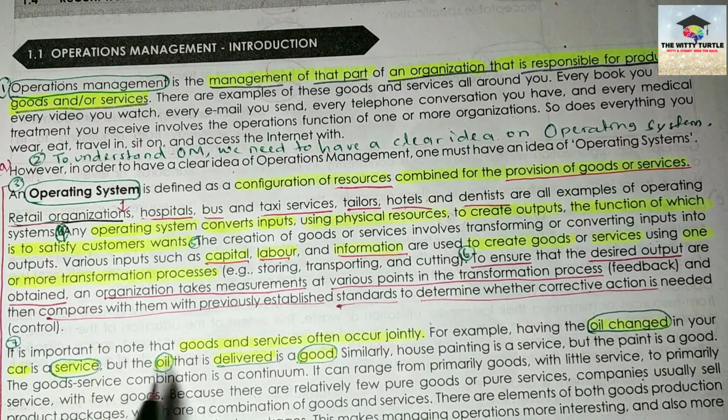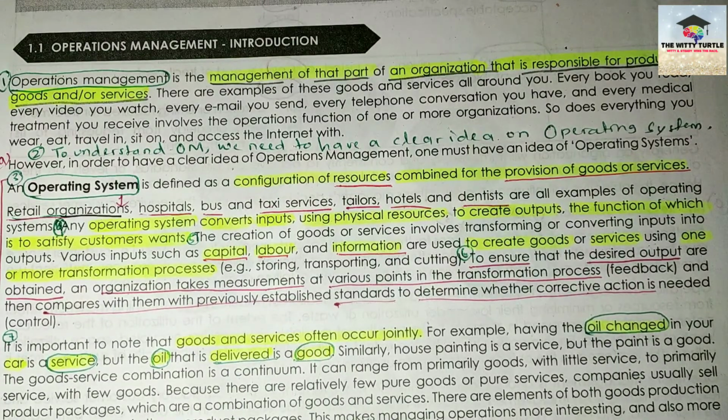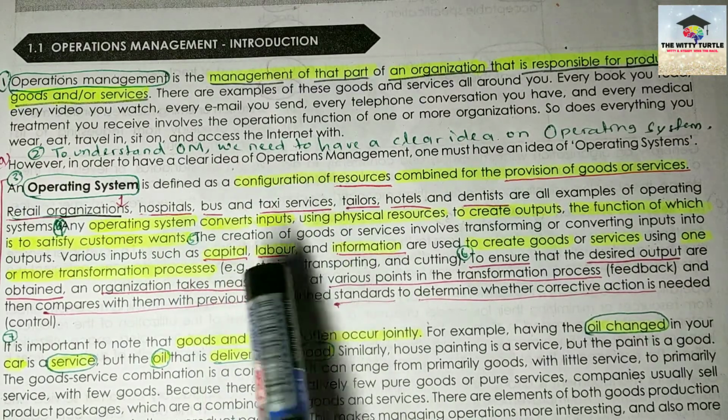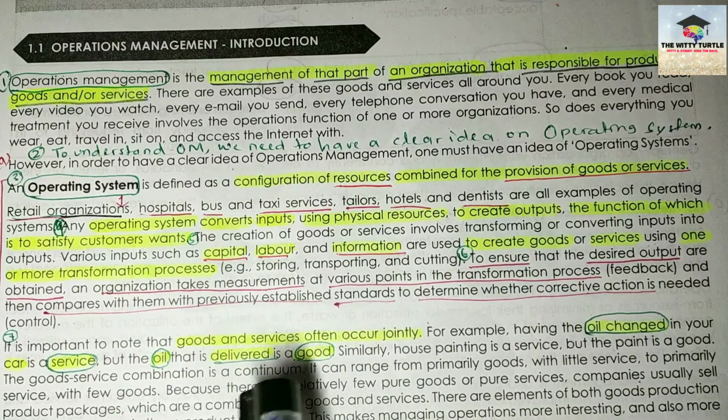It is important to note that goods and services even occur jointly. Yes, of course. So here we can take the example of a restaurant, right? Whenever you are visiting the restaurant, you are ordering food. Whatever food you are getting, that is the good. Along with that, you are also availing some services, like they serve you the food.